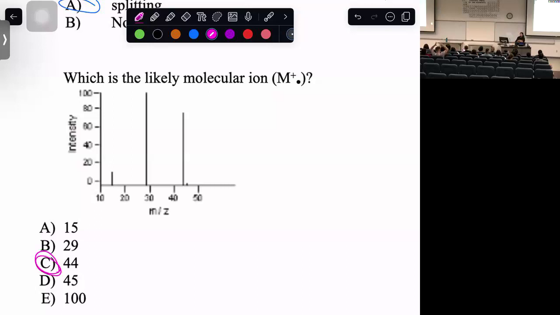Okay. Usually your M plus peak, what are other names that I can call it? Parent peak, or just your molecular ion peak? They're the same exact thing. Now, usually, where do I find it in a spectrum? Tallest one to the right, exactly. What does it represent? Original weight, exactly. Yes.